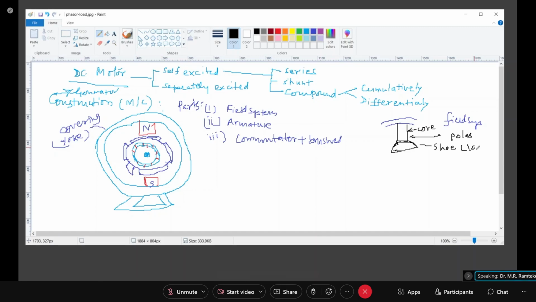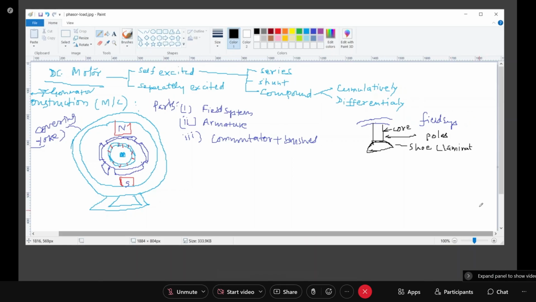It is always laminated, meaning the laminations are made up of thin sheets. And on this we will be putting the winding. So the field system consists of the pole core, the pole shoe, and the field winding. So this is my winding.